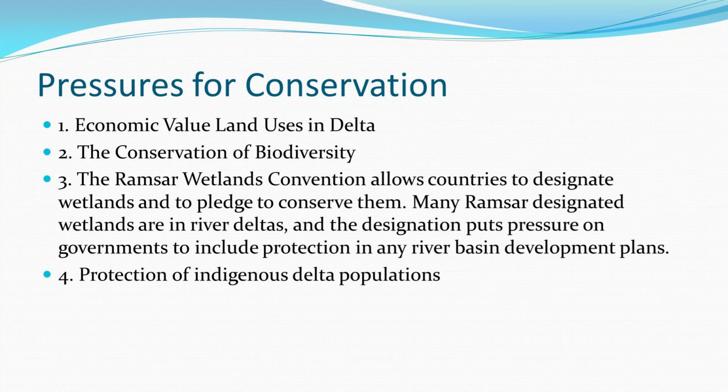The onus for protection basically falls on the countries themselves, but if you look around the world, when a country has designated a Ramsar wetland, and it does engage in water resources development, this does put pressure on the governments to include protection of the Ramsar site in any river basin development plan. I've seen this in 2 countries, and I'm sure there are many other examples, Costa Rica and Ghana.